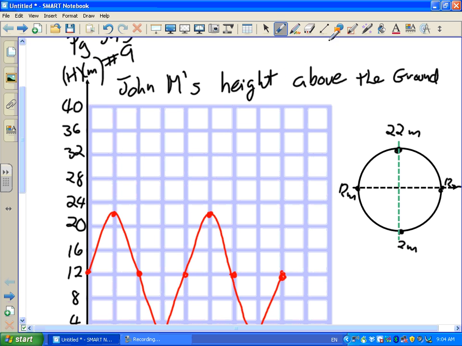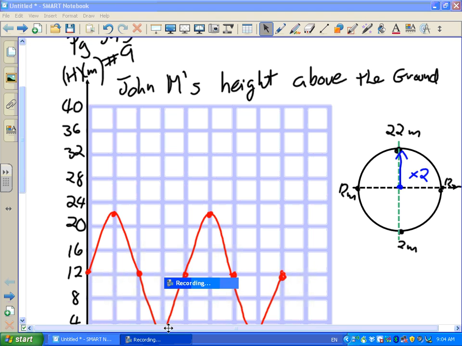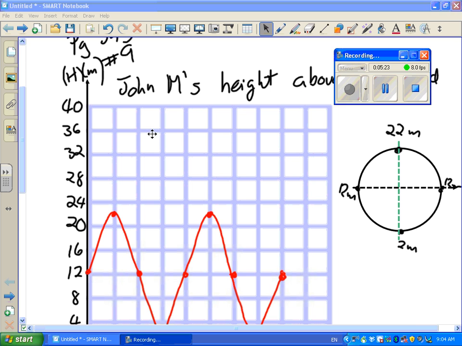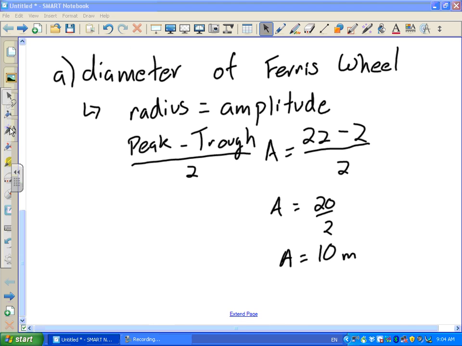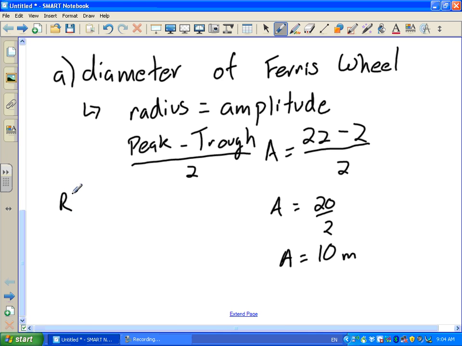A radius, you guys need a little recap here. A radius is just half the distance across a circle. A diameter is the entire distance. So in order to find the diameter, we take the radius and multiply it by 2. We're going to call the radius r.